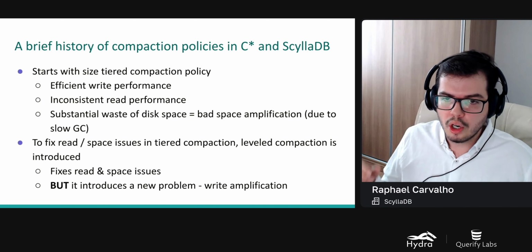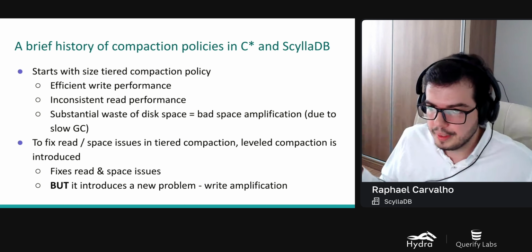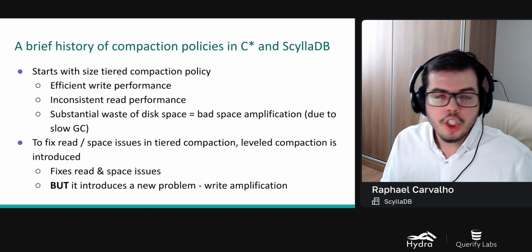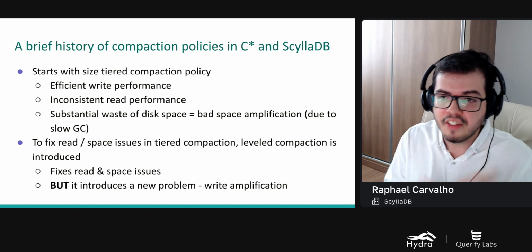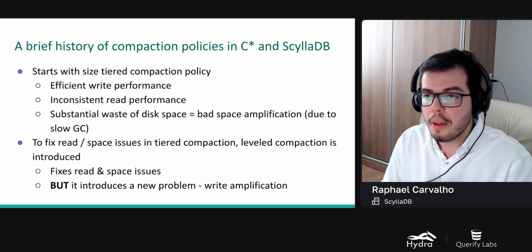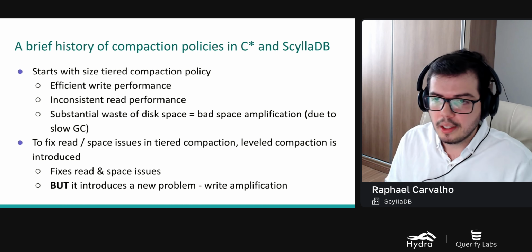So now I'm going to talk about a brief history of the compaction policies in Cassandra and ScyllaDB. If we look at the timeline, the original LSM paper presented the leveled policy first, then the tiered policy arrived later with the Bigtable paper to mitigate the write amplification.